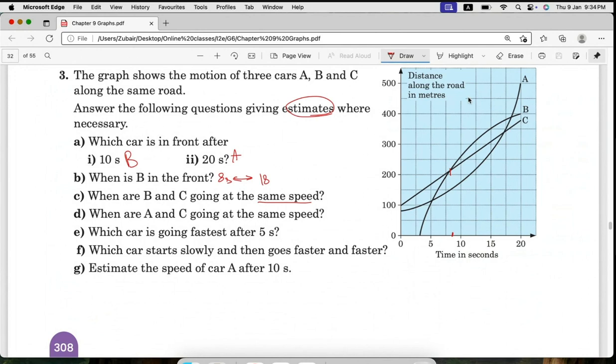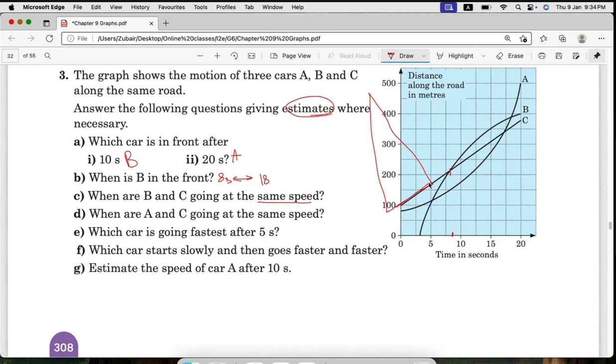Yes, gradient. So what will we do when we are doing this on paper? We would try and draw a line parallel to C where that line would be tangent to B. One way of doing so is I will place a set square against C, that would be much larger than this.